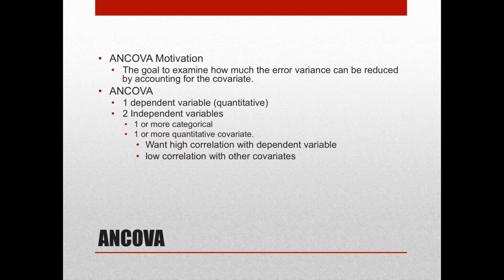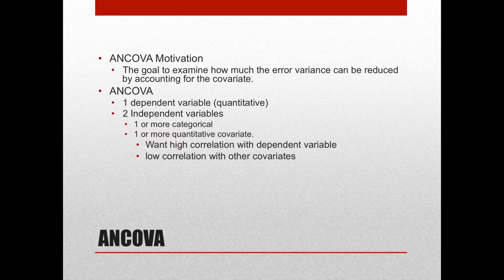So guys, fast forward into ANCOVA. This is where I introduced the idea of a covariate. The ANCOVA model has one dependent variable, which is quantitative, and two independent variables. One categorical being our factor or treatment, and the other being a quantitative covariate. Guys, you can have a categorical covariate, but we'll cross that bridge if we ever need to.